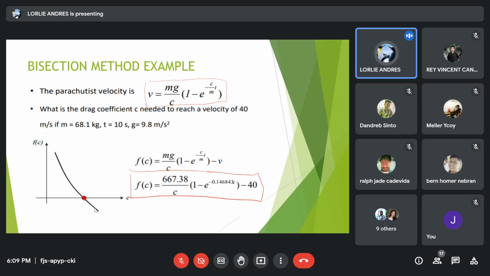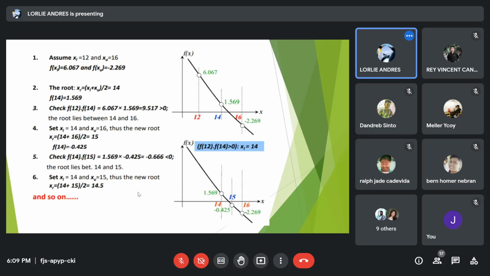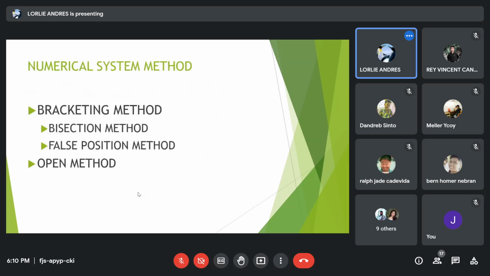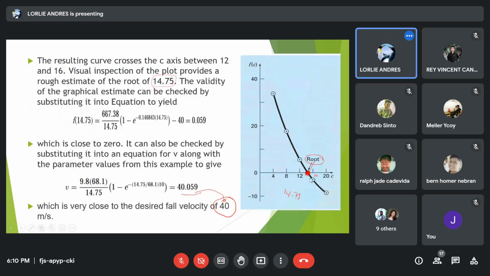Para makuha nato ang approximate root value using this formula, ang ato ang buhaton diri sa bisection method kuha ta or maghatag ta og two initial guess value. Sa two initial guess value naatay x sub l equal to 12 and x sub u equal to 16. Nganong 12 ug 16 man ni akong gigamit. Kung naka-remember mo kaganina, ani, di ba, mo ni siyang ato ang root. Asa man siya?